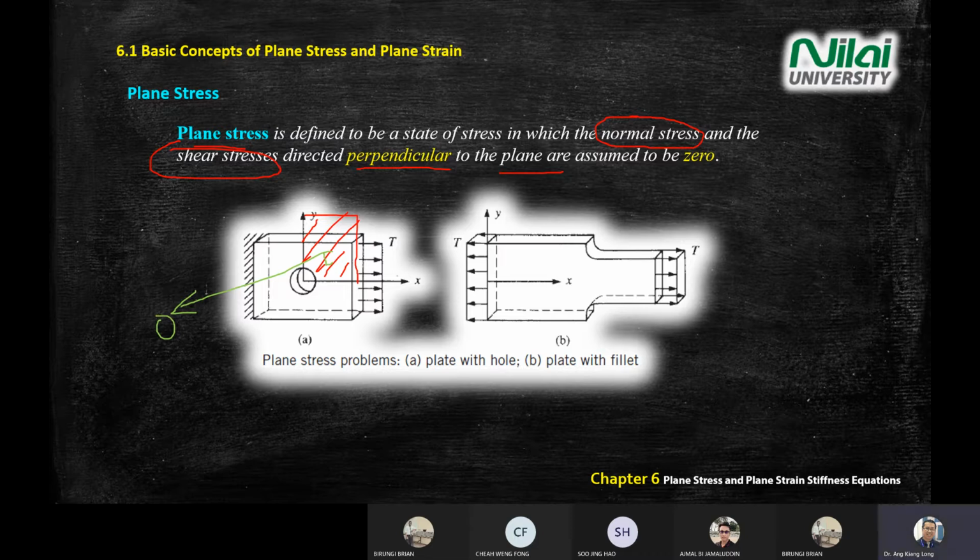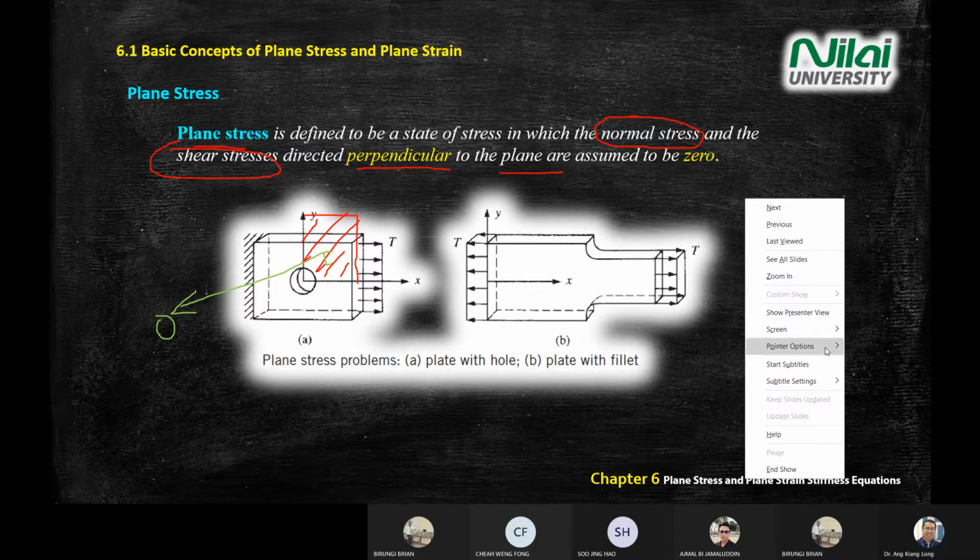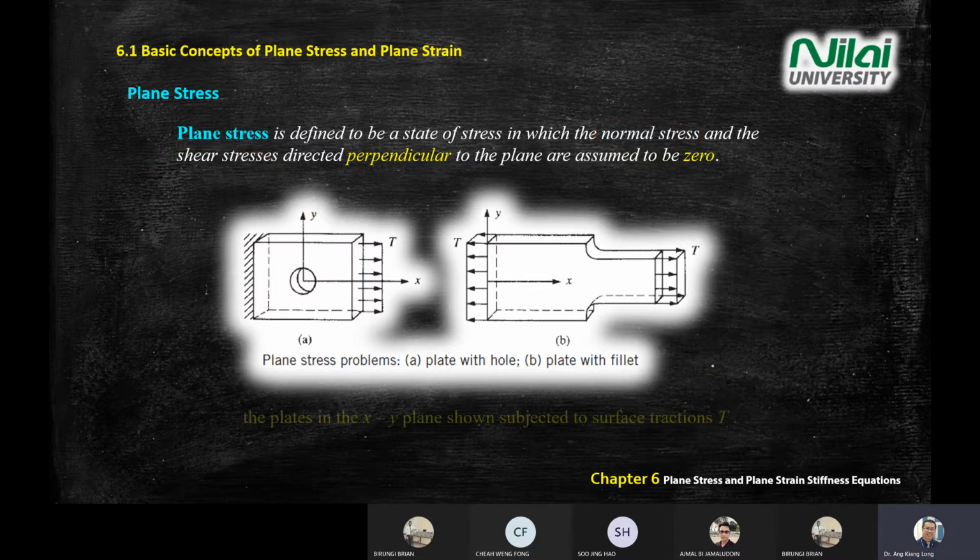That means we will only consider all the stress and force that is within the plane itself, meaning parallel to the plane itself. I want you to have this concept correct first before we move on. So we are looking at plane dimension now.